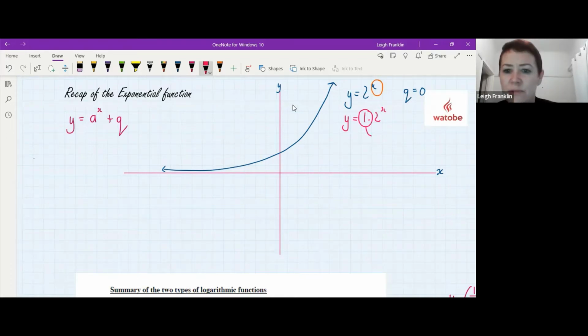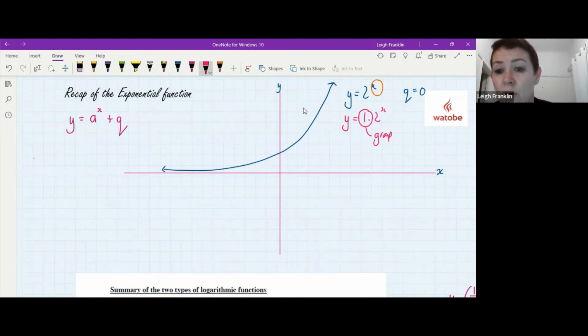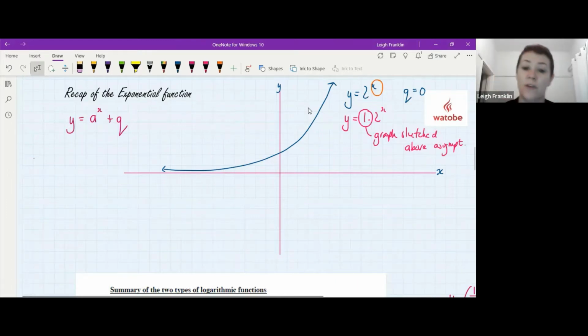So often in this form, we could write this as the graph of y equals a to the x, or y equals b to the x. It really doesn't matter. The coefficient, which we could give another letter to, as long as that value is always positive, the graph is going to be sketched above its asymptote.